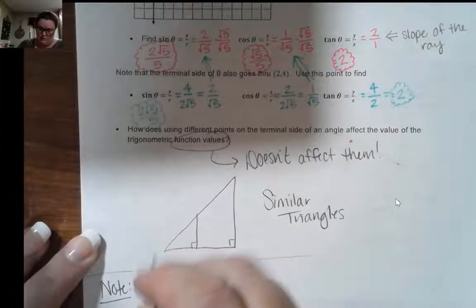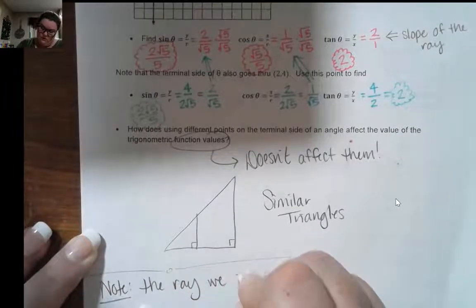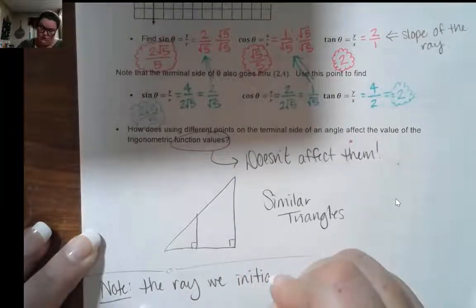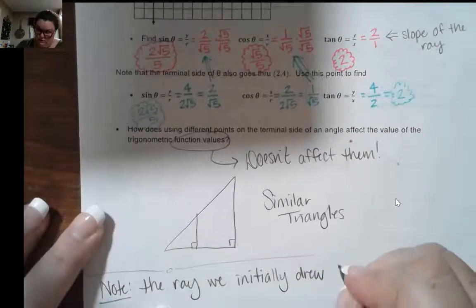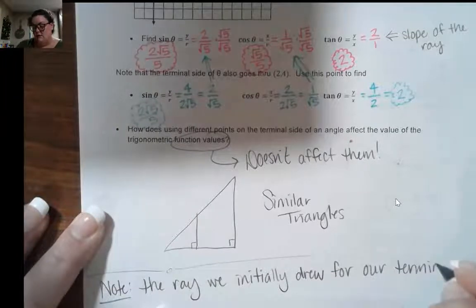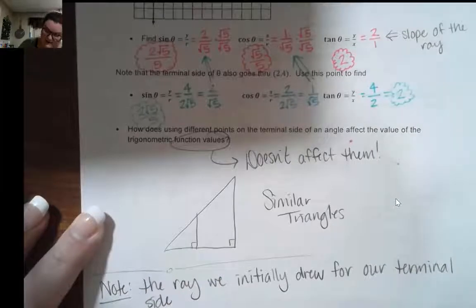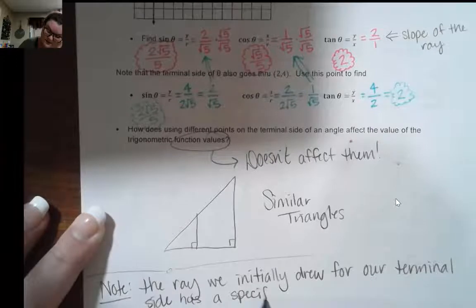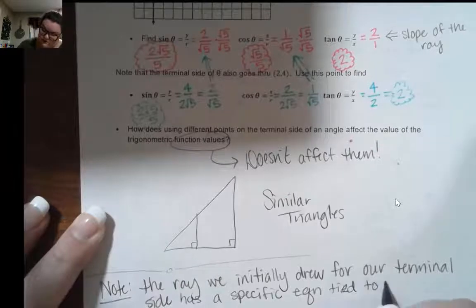Okay, so down here at the bottom, I'm just going to put a note. The ray we initially drew for our terminal side has a specific equation tied to it, right?